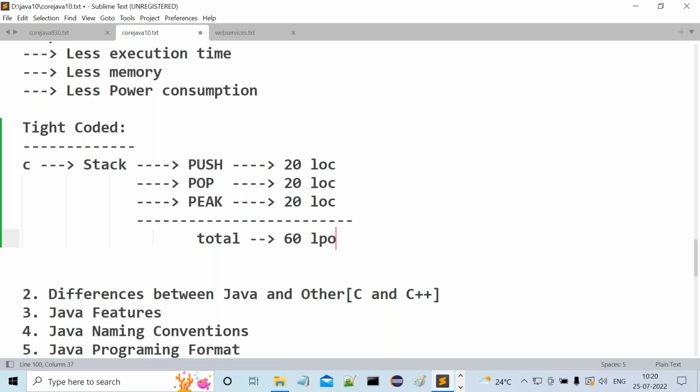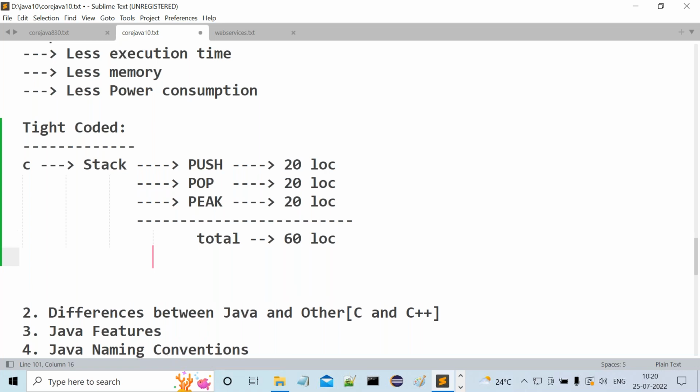Am I right or not? 60 lines of code to perform stack operations in which programming language? C programming language. Good. Right, sir. But the same thing I want to do in Java.